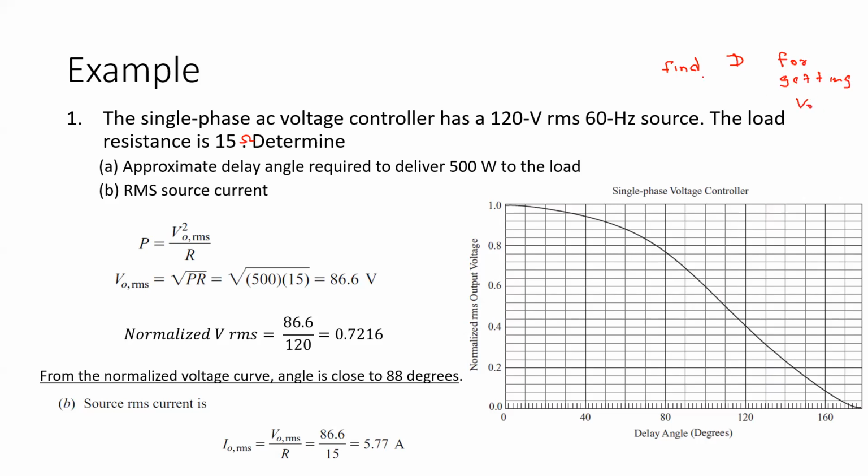Let's say you have a 10 volt supply and you need to get 5 volts, so you are asked to find D. But here, what we talk about is power. We are asked to find the delay angle required to deliver 500 watts to the load. Our load resistance is 15 ohms, and let's see how we are going to find it.